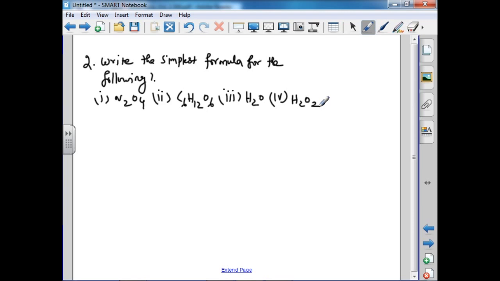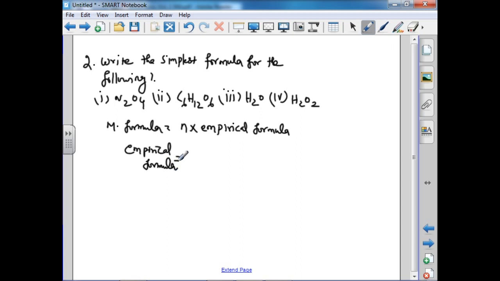So what is the molecular formula? Molecular formula equals n times the empirical formula. So the empirical formula equals the molecular formula divided by n.